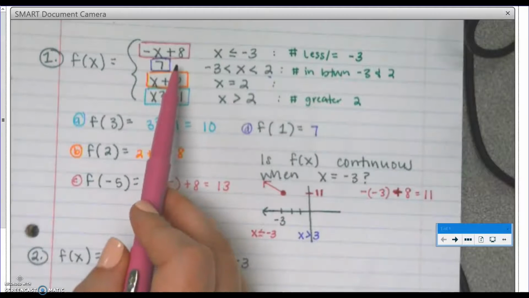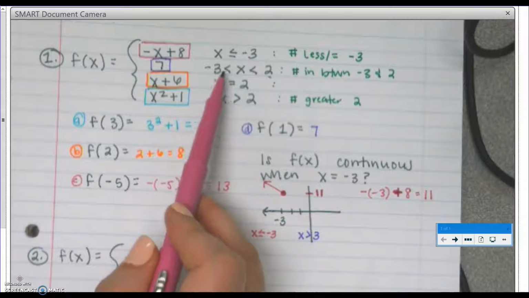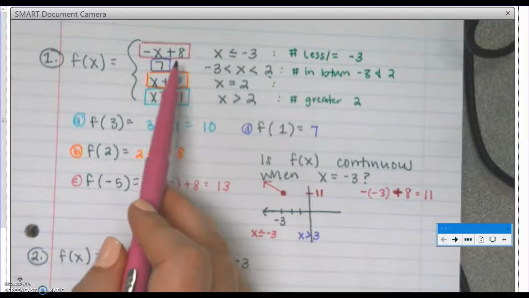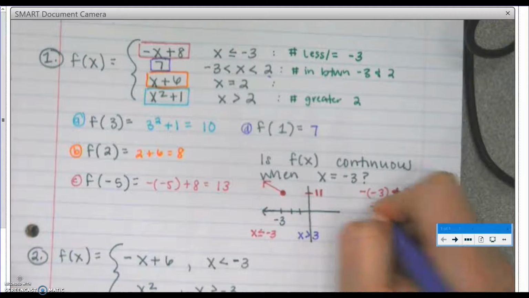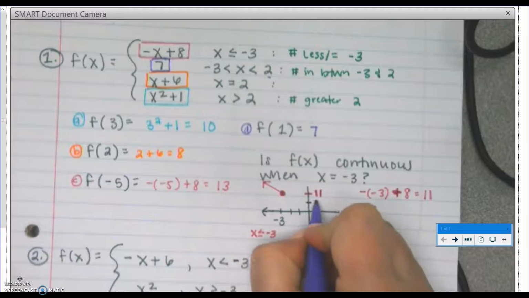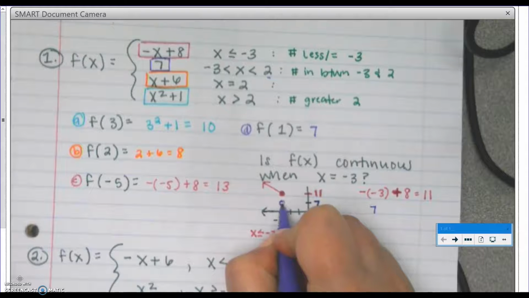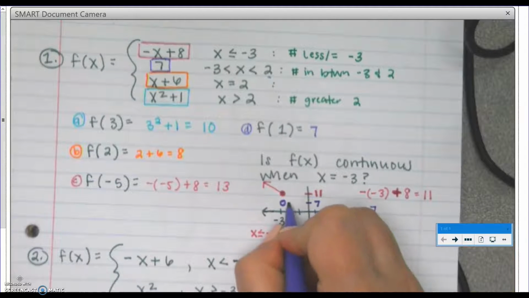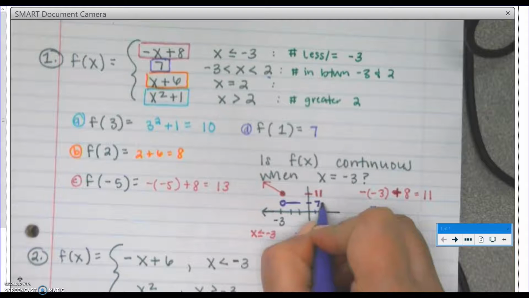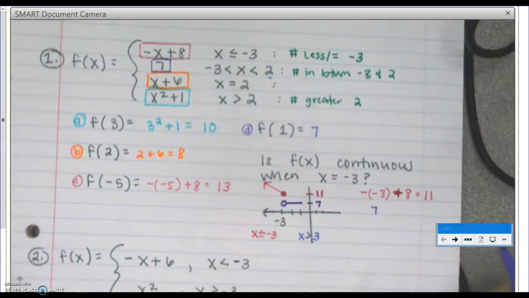Now I need to look at the next piece where -3 is the smaller side and see what we get. So that one is obviously just 7. And that would have an open circle. And honestly, that would be a straight line all the way until x was equal to 2. But I don't really care about the rest of it right now.